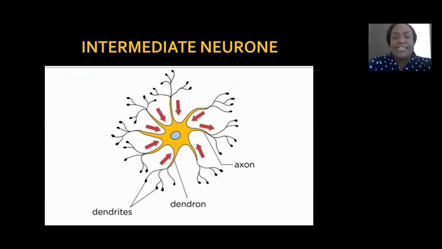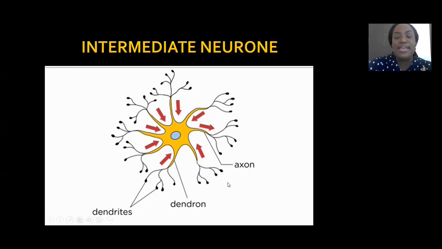Before I tell you, I would like someone to tell me what is different, what stands out about this neuron. Let's just take a look at what's going on here. I see just a cell body basically with dendrites attached to it, and it has an axon, but who can tell me what is different?